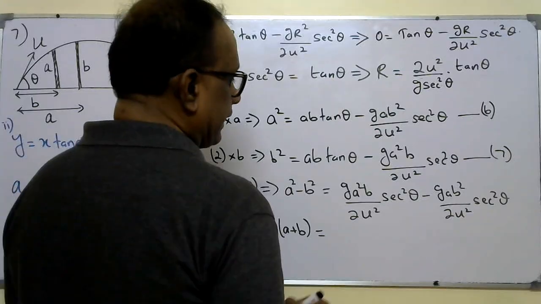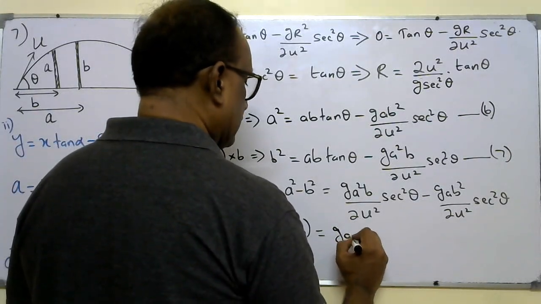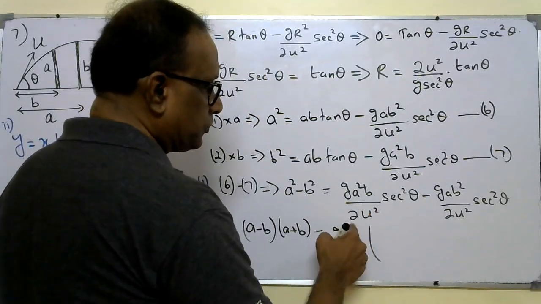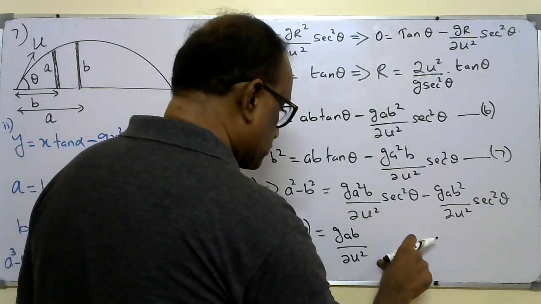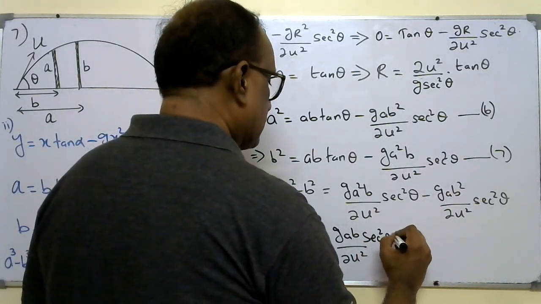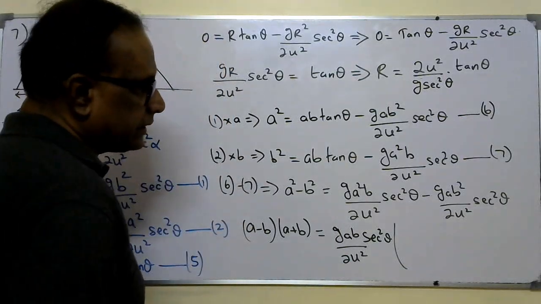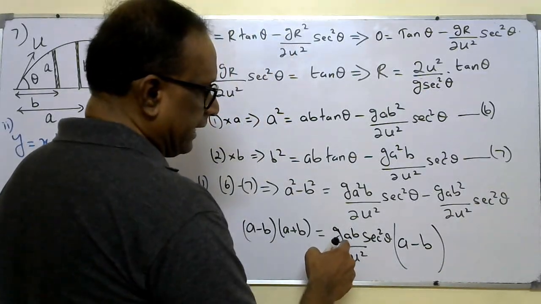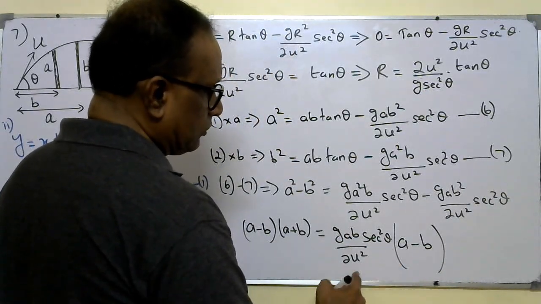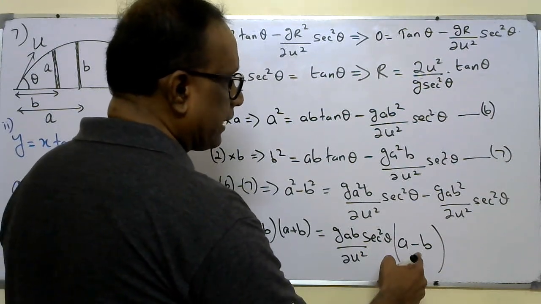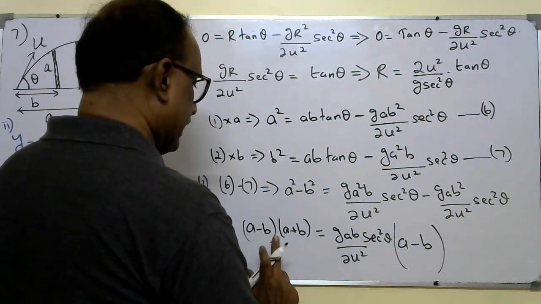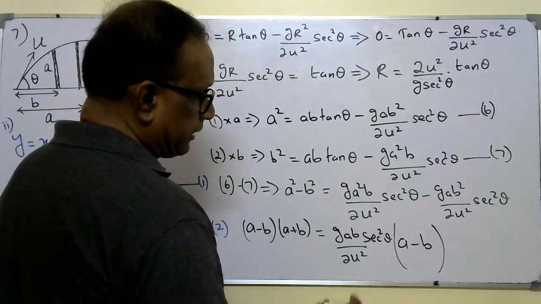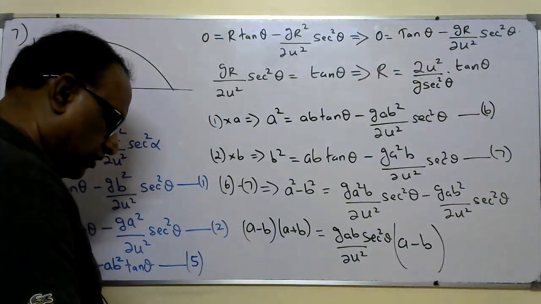So I take g a b over 2u squared sec squared theta out. It will become here a minus b. Check it: g a into a squared b sec squared theta over 2u squared minus g a b squared over 2u squared sec squared. Okay, a minus b will get cancelled. Here a plus b. I can get 2u squared over sec squared theta, simple format. Okay, we'll continue.